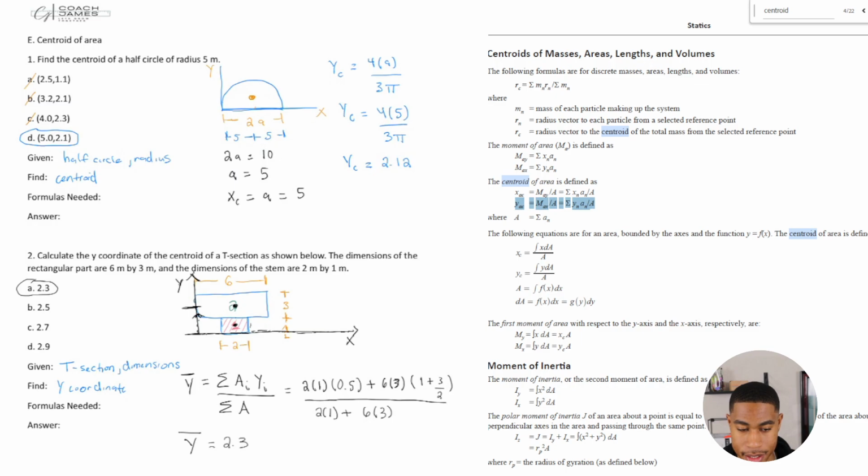And so we needed to break them up into pieces and multiply our area times the individual centroids of the pieces. So it gets kind of complex, but once you understand what the symbols mean, then it's just a matter of practice. So here, let's look at number 3.